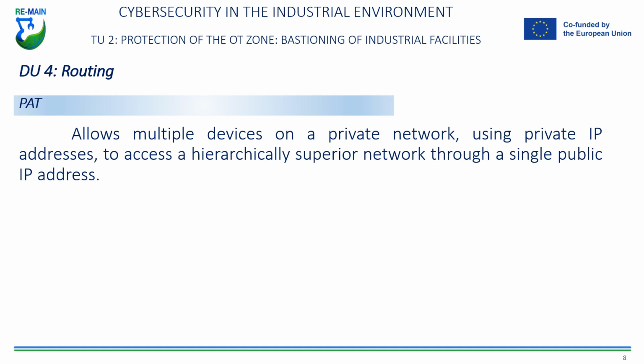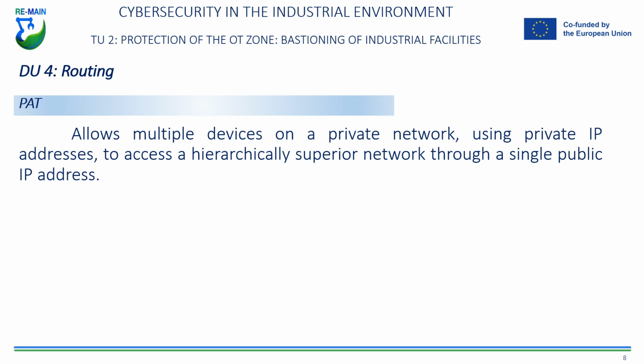The router maintains a translation table that contains the private IP addresses and unique port numbers for each device on the private network. When a response is received from the server on the Internet, the router uses the translation table to identify the private IP address and unique port number of the device to which the response should be sent.